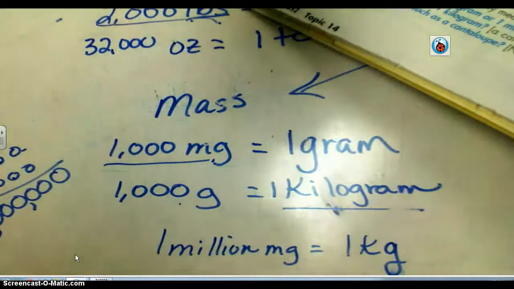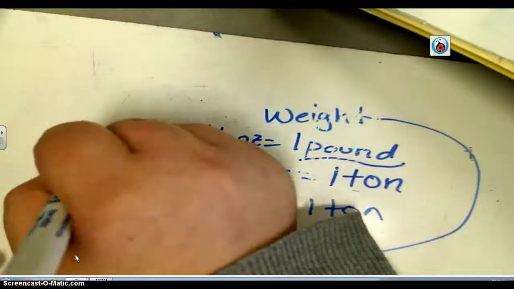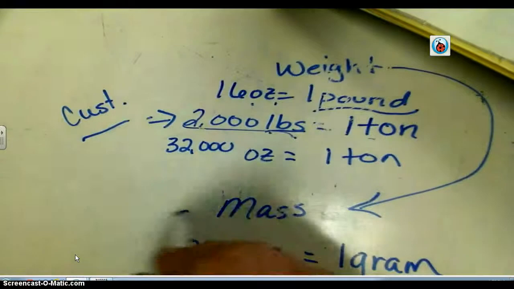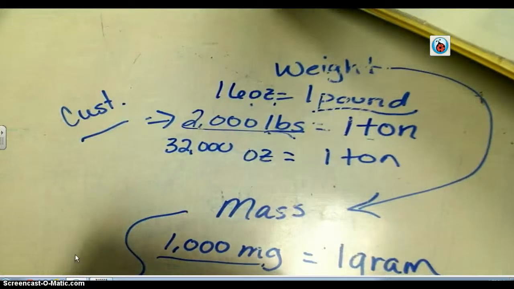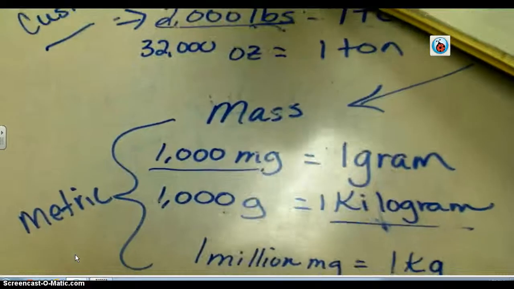Would I measure how much an envelope weighs in ounces, pounds, or tons? Okay? You have to know, when I say customary, this is what I'm talking about. When I say metric, this is what I'm talking about. Okay? You have to know which is which. And a lot of that can come if you just think about the words.